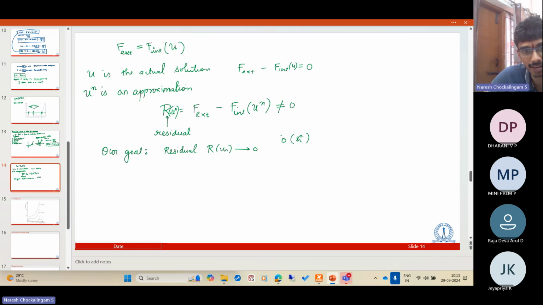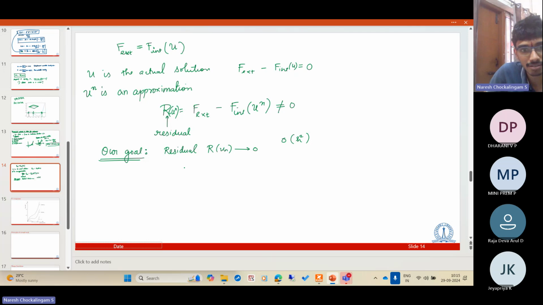You can see it converges very fast. The error drops with the power of n square. With every iteration, the error drops by 2 orders. So our goal in nonlinear problems is to get the force residual to approach 0.